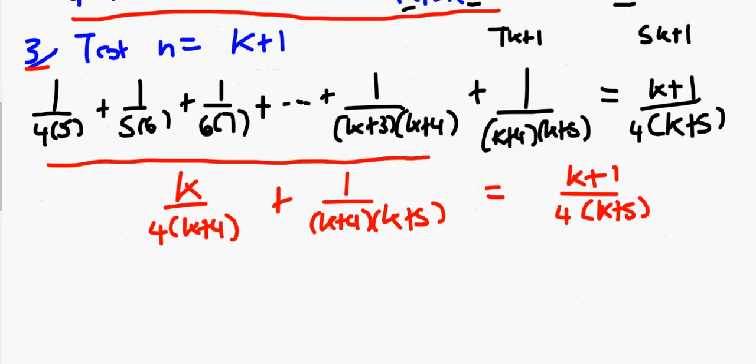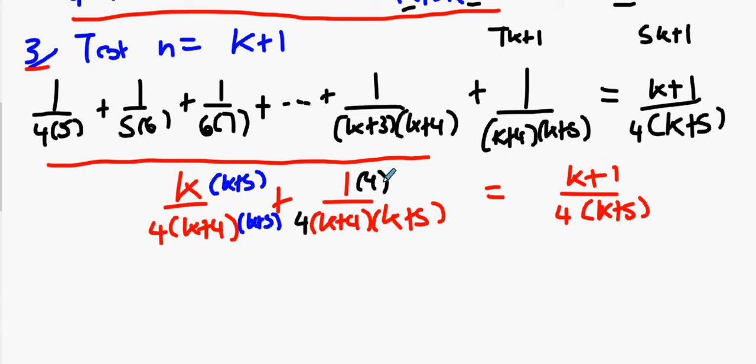Okay, so let's try and figure out a common denominator here. So they both have k plus 4s. Neither one of them has a k plus 5. So I'll put k plus 5 here, and probably a k plus 5 up here as well, but it looks like I'm going to have to put a 4 here and a 4 here.